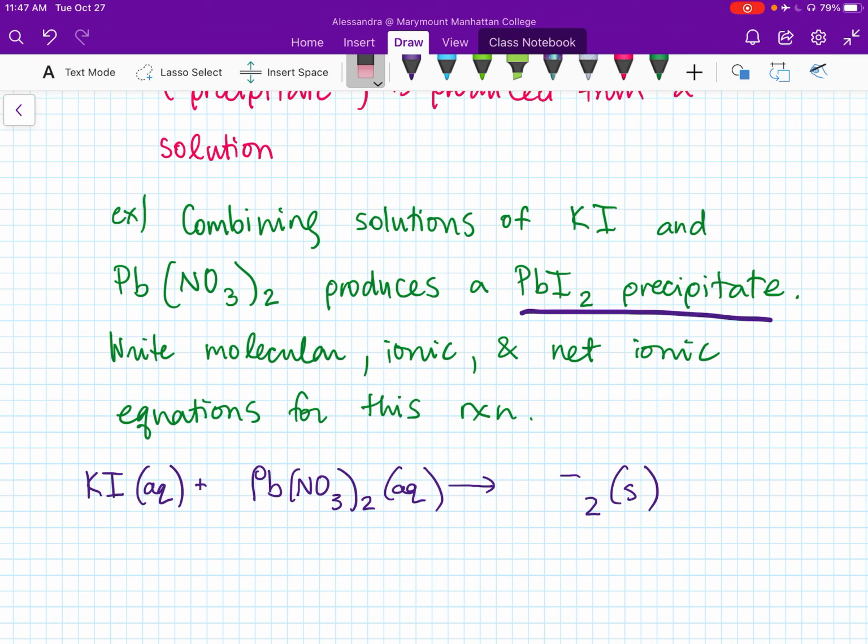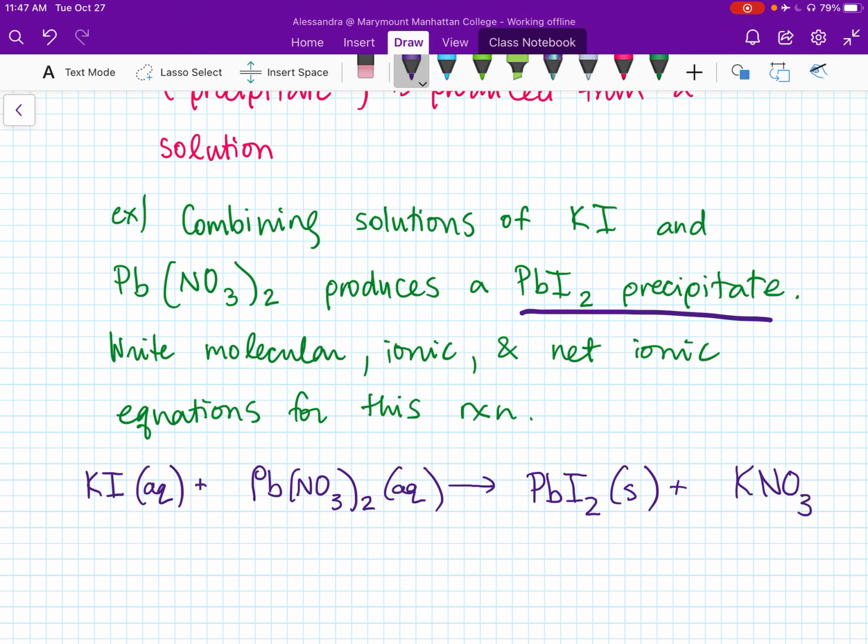Okay, let me fix my handwriting there a little bit so there's no confusion. PbI2, solid. It's implied that the potassium and the nitrate aren't doing anything. So I'm just going to write KNO3, the other counter ions, assuming that they're together.